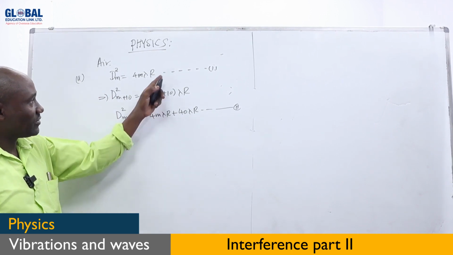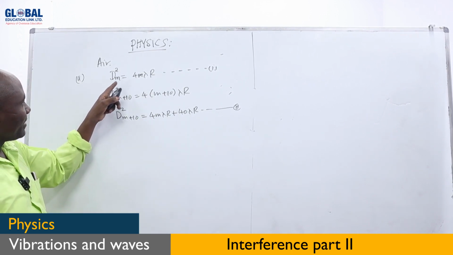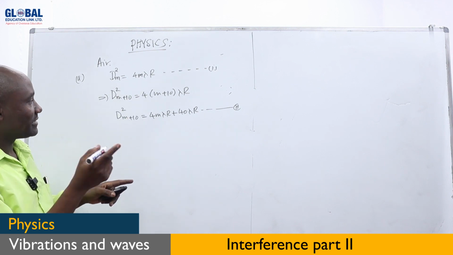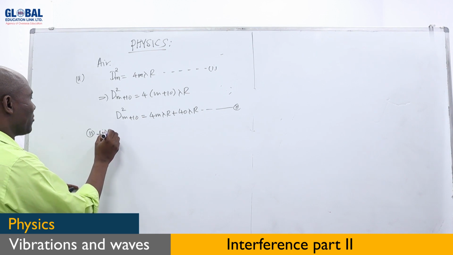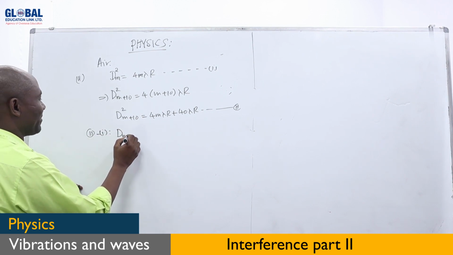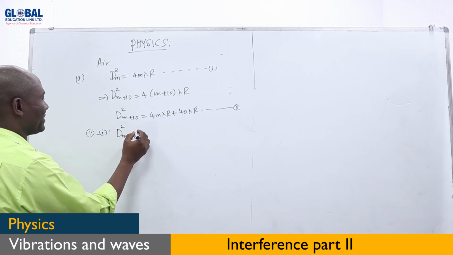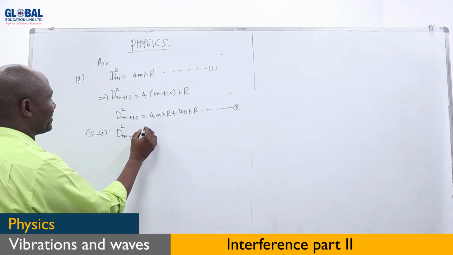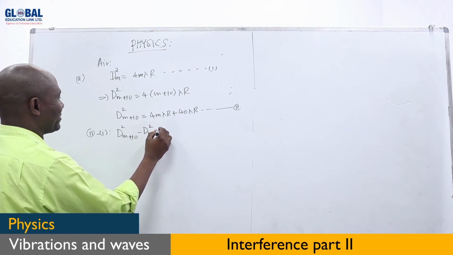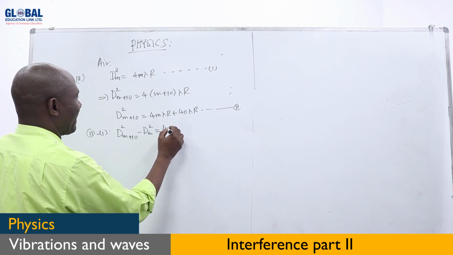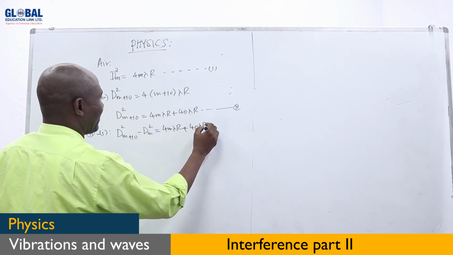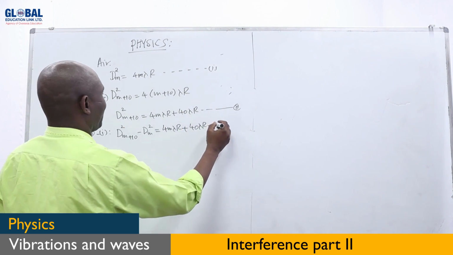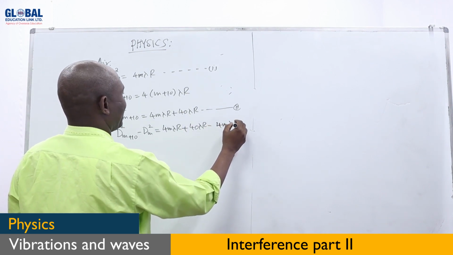If you check the two equations here, you can find the radius of curvature by subtracting equation number 1 from equation number 2. This will be D(m+10) squared minus D(m) squared, which equals 4mλR plus 40λR minus 4mλR.